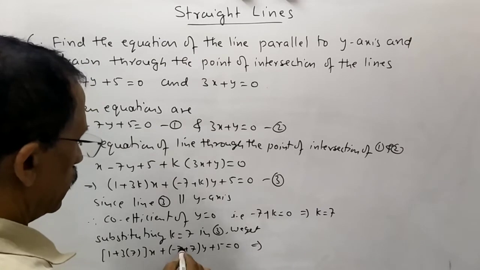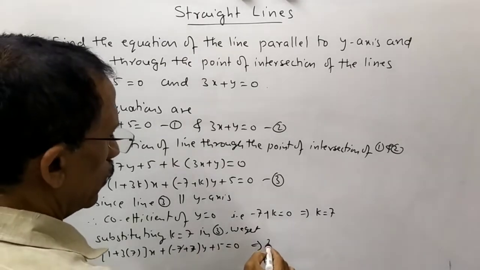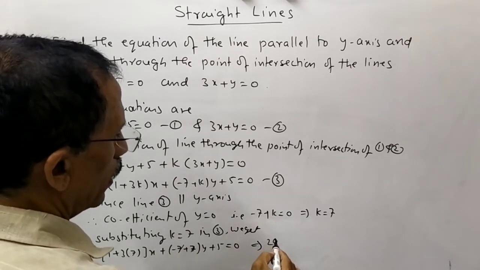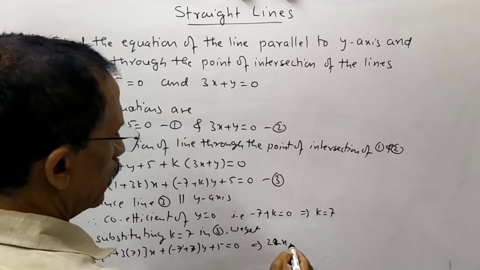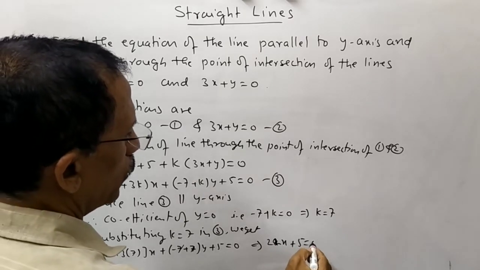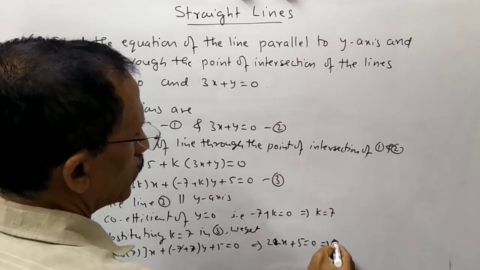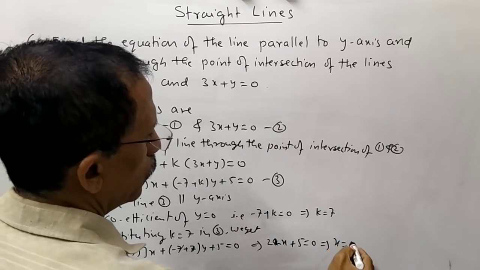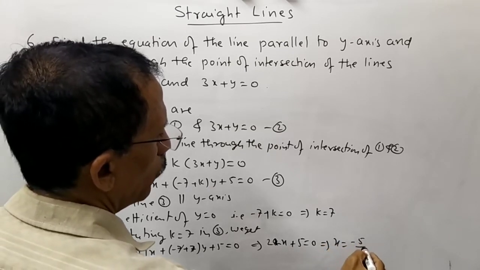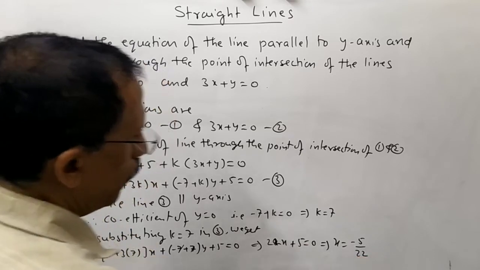This implies 22x plus 5 is equal to 0 implies x is equal to minus 5 divided by 22.